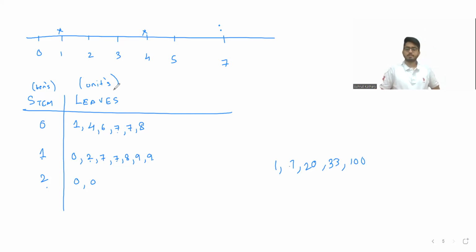Next, this is how we represent data. Now, if I want to compare two data sets, just looking at the entire representation of data might be difficult. Let's say I selected two sections and was looking at the marks of the students, and I want to compare which section is performing better.